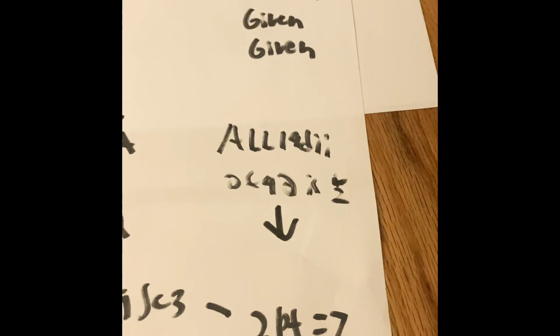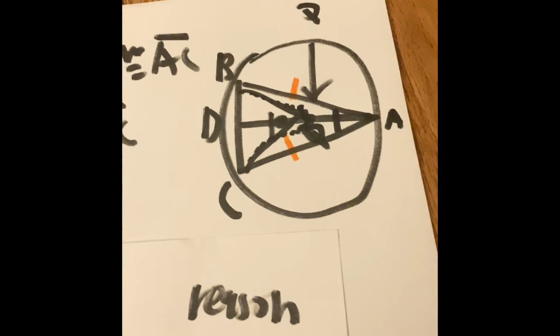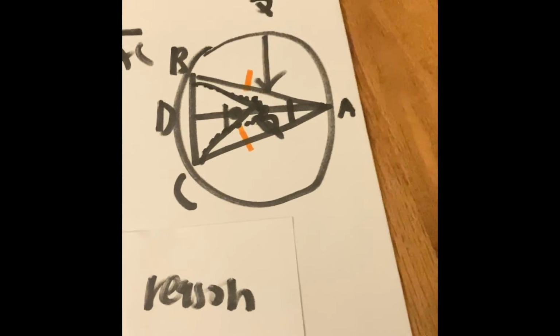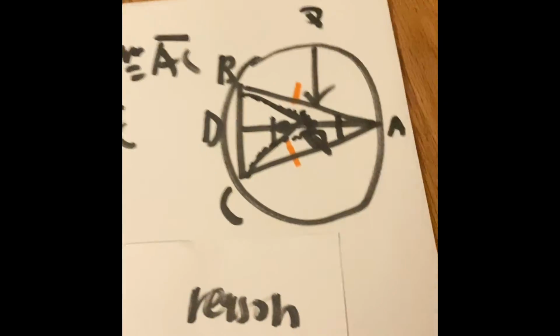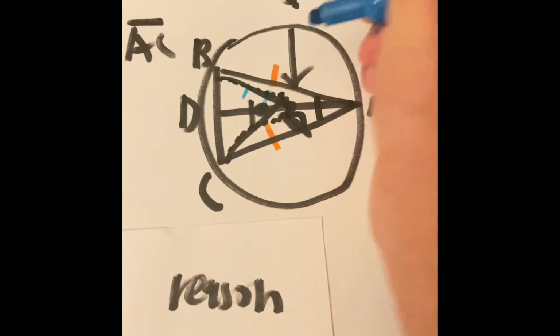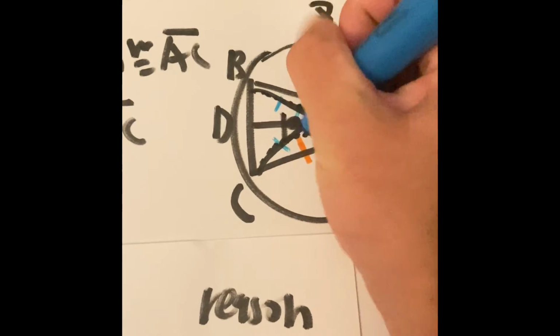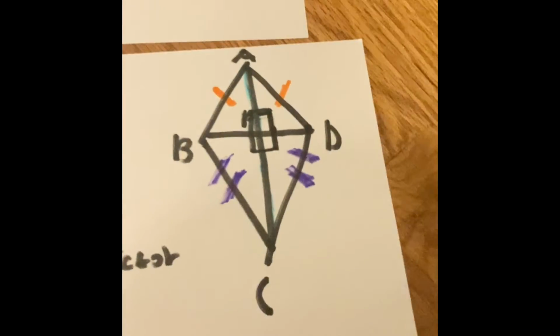So we have found all the parts that we need. We understand that BA is congruent to CA, but now we also proved with the radii of a circle that BQ is congruent with CQ. It doesn't matter if it has to look like this, like a cross.